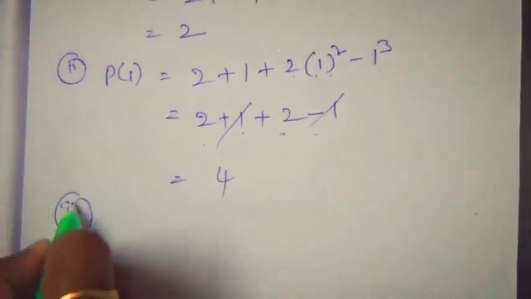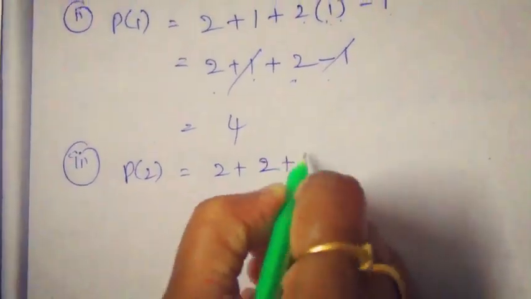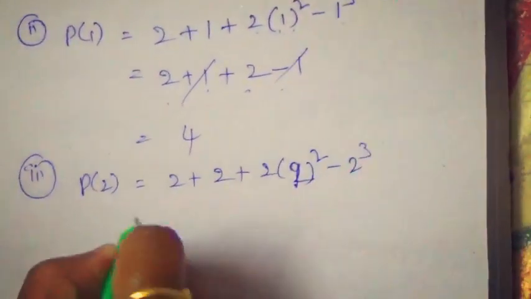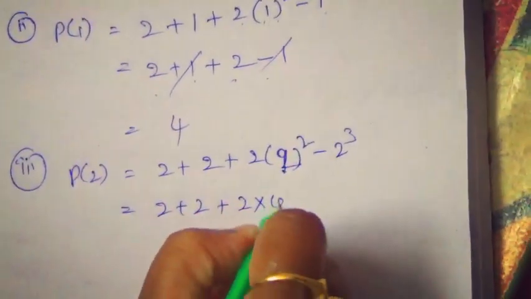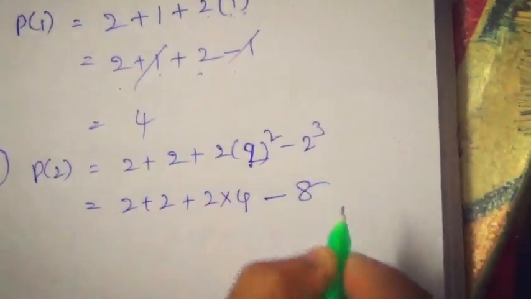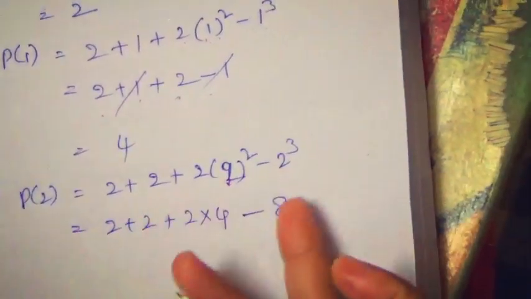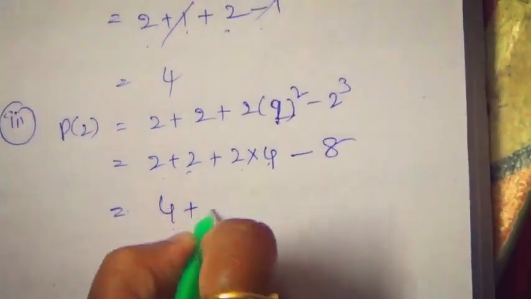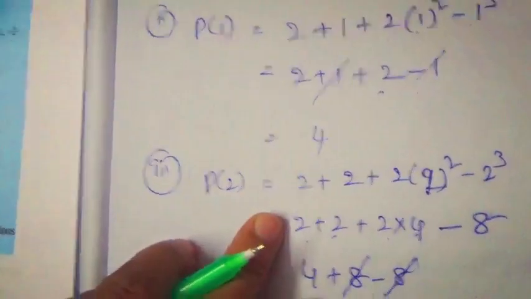And the third one, p of 2, is equal to 2 plus 2 plus 2(2)² minus 2³. That is equal to 2 plus 2 plus 2 into 4 minus 8. 2³ means 8, because 3 times we have to multiply this 2: 2 twos are 4, 4 twos are 8. That is equal to 2 plus 2 is 4, plus 2 fours are 8, minus 8. Plus 8 minus 8 cancelled, 4. That's it. Here we finished this second sum also.